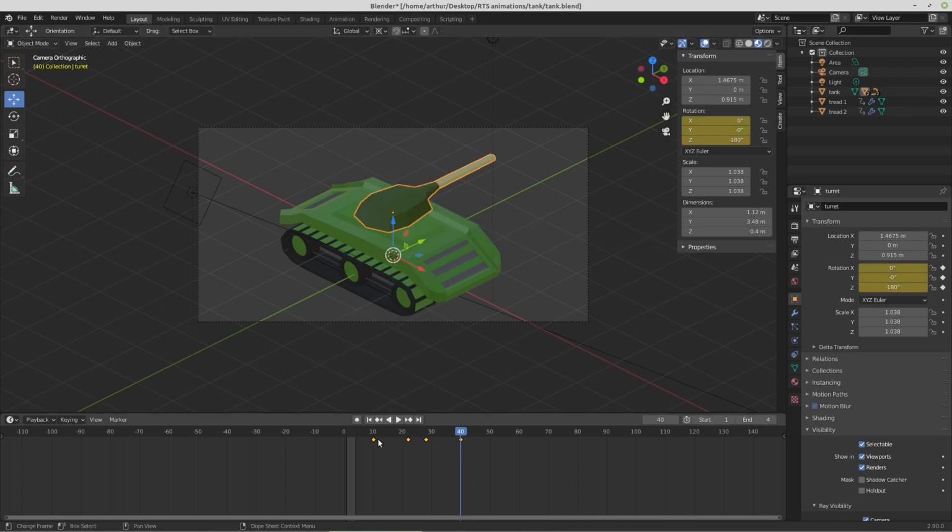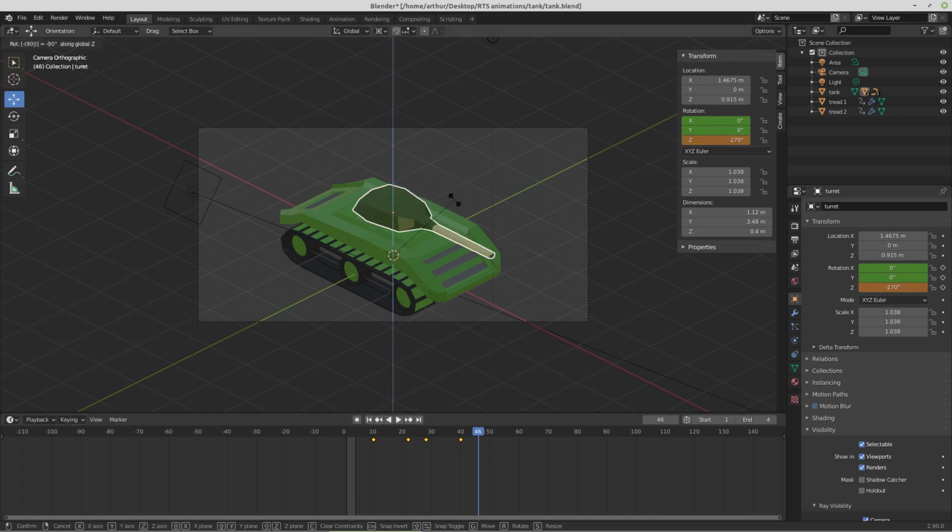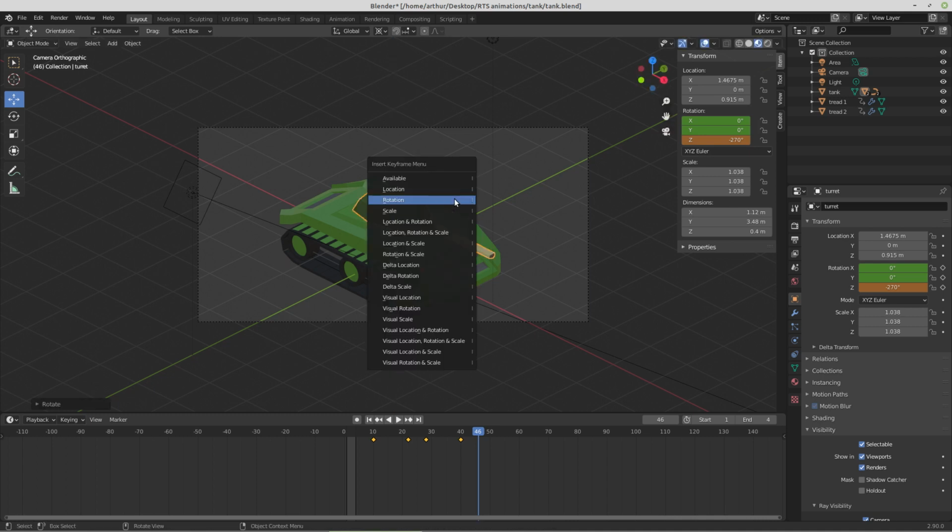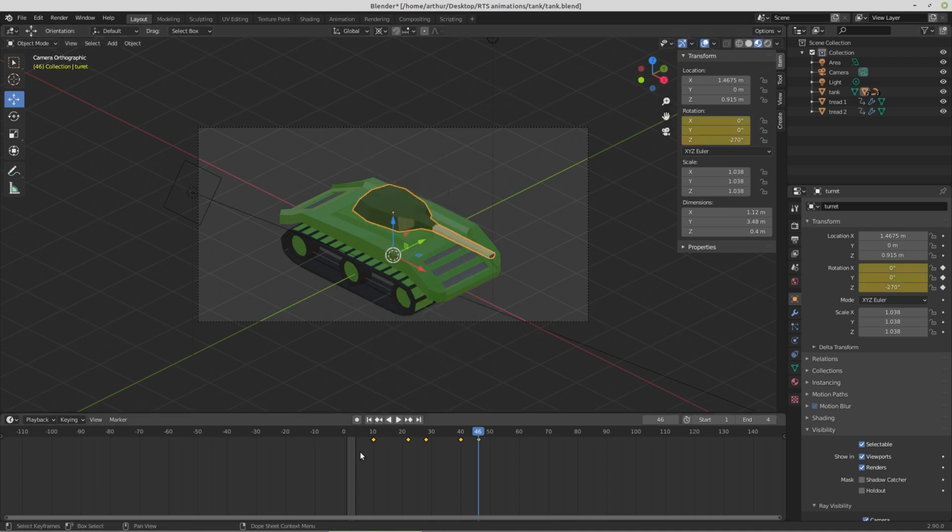So we're entering the keyframes so that each image will represent 10 degrees of rotation and translating the 3D into the isometric terms. So back to the playhead, 10, 20, 30, 40, 50, 60. Rotate Z minus 90, enter, insert rotation keyframe.